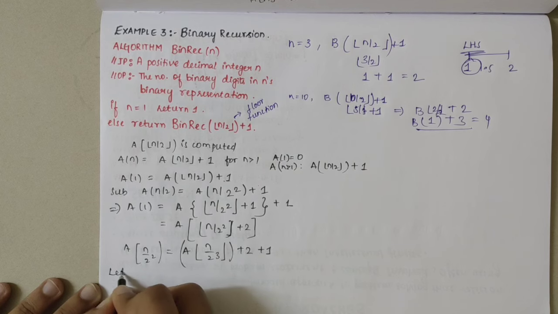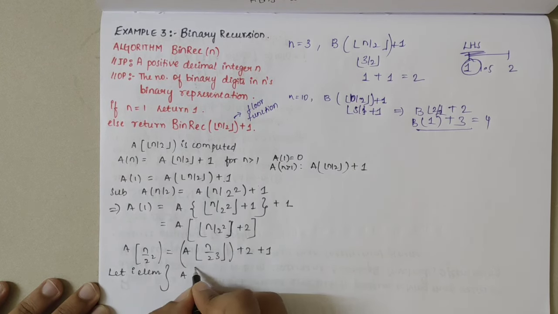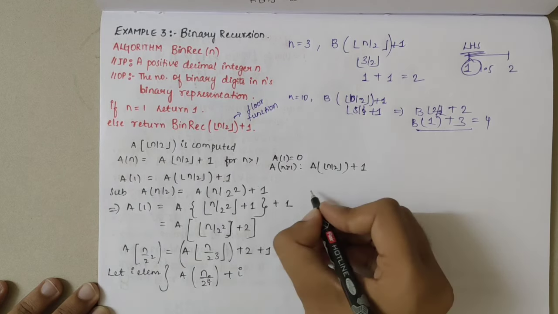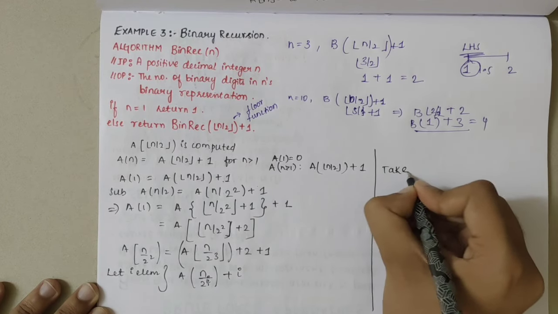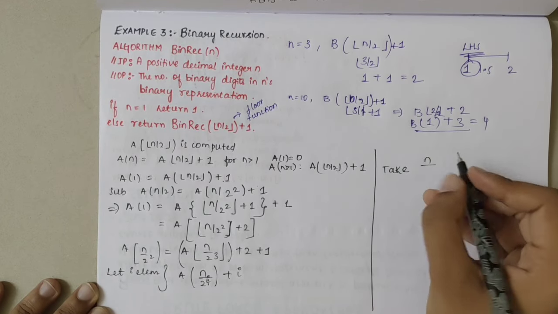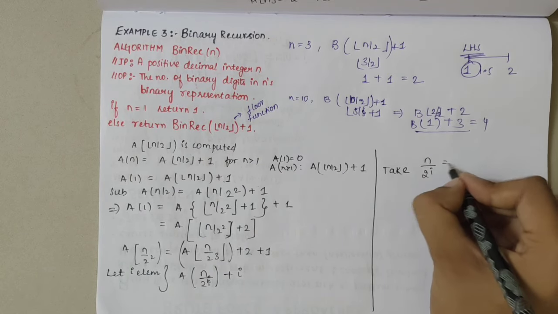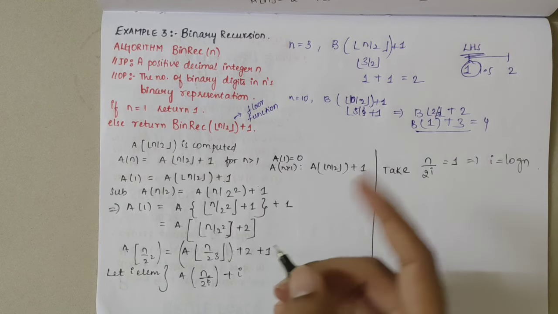So let me take for the ith step. It will be A of n by 2 to the power i, plus i. I'll take n by 2 to the power i as 1. Then I can write i as log n, right?